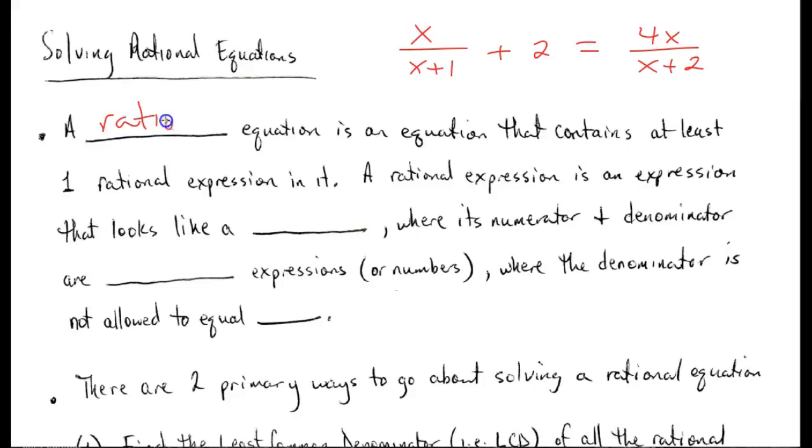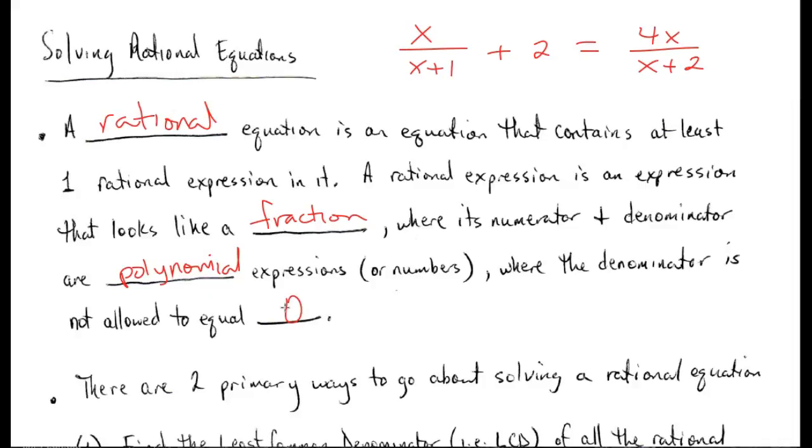So here we can say a rational equation is an equation that contains at least one rational expression in it. A rational expression is an expression that looks like a fraction where its numerator and denominator are polynomial expressions or numbers where the denominator is not allowed to equal 0.